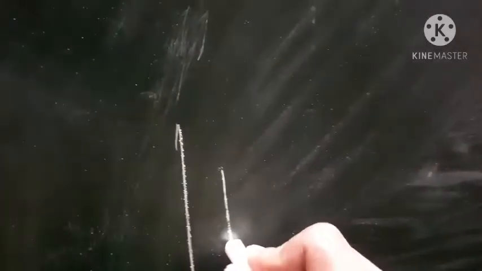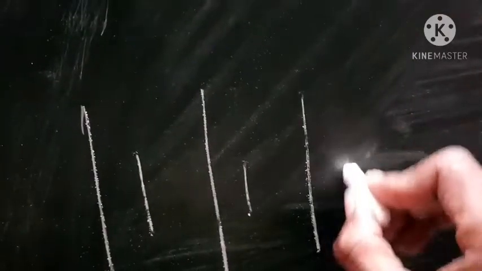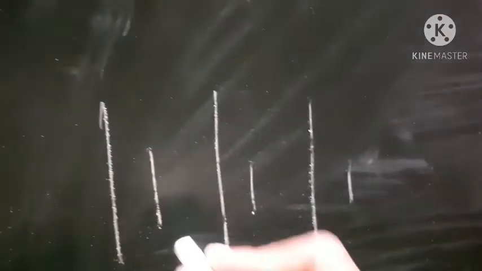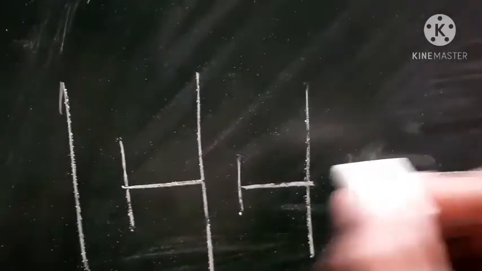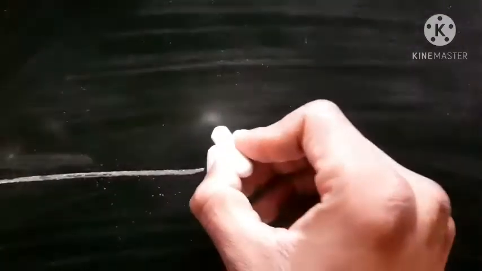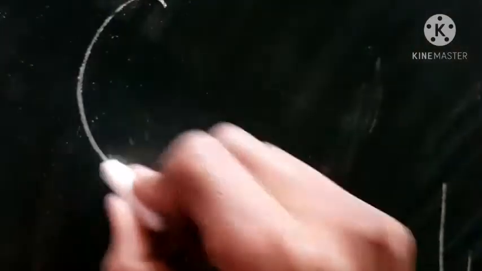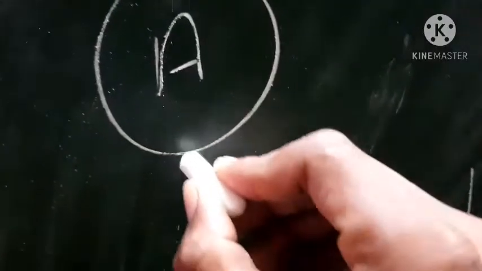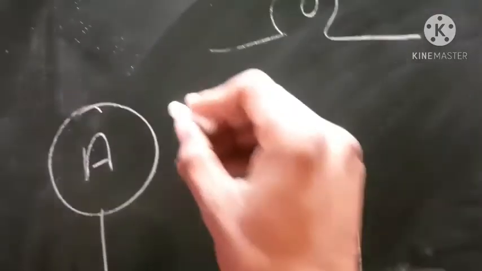So one cell, 2 cells and 3 cells. Now join these cells, and a switch. So the switch is like this, and an ammeter are connected by a connecting wire.